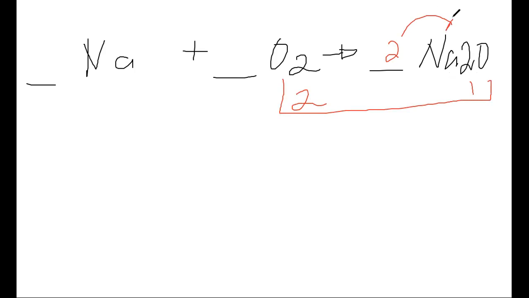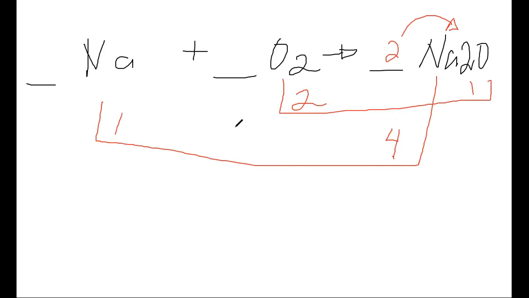Now the 2 would also distribute to the 2 here for the sodium. So yeah, we're just going to do this. So it's already 4 and 1. So 4 divided by 1 will be 4, right? So these are already balanced and they're already balanced. So we're just going to put 1 in here because we don't want to change the number of oxygen because they're already balanced.